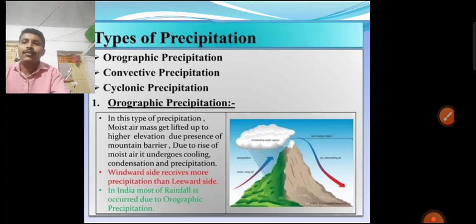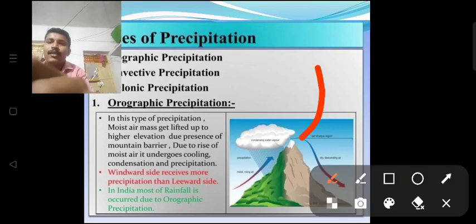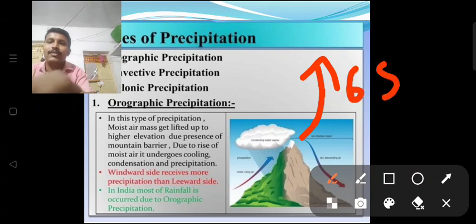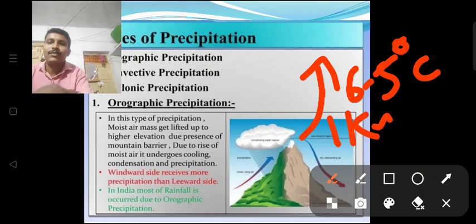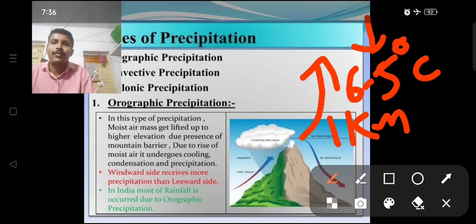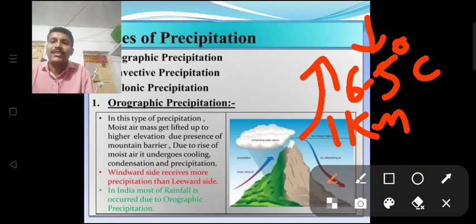If the moist warm air rises to higher elevations, the temperature decreases by 6.5 degrees for every 1 kilometer of rise. Finally the moist warm air cools down and forms condensation.